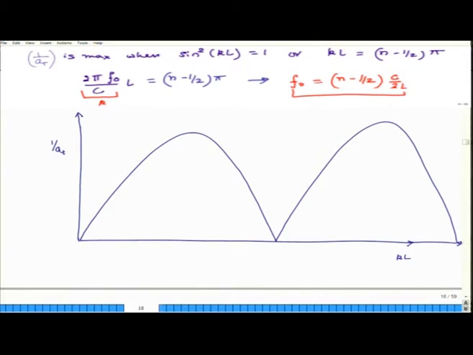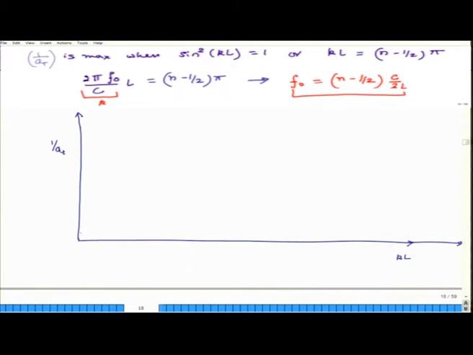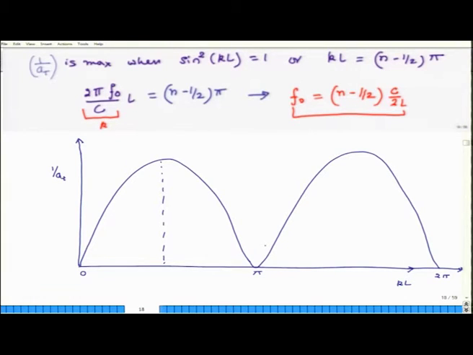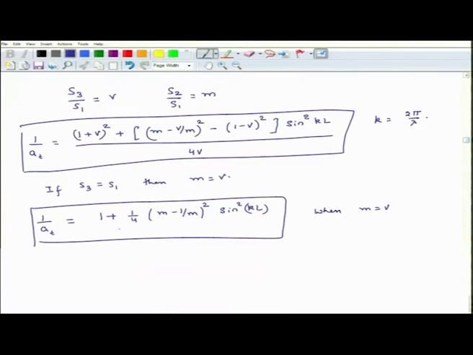Okay. So, I'll draw it again. Something like this. Okay. So, here my kL is equal to 0, kL equals pi radians, kL equals 2 pi radians, and so on and so forth. Whenever sine of kL is 0, my 1 over AT term becomes 1, as per this relation.